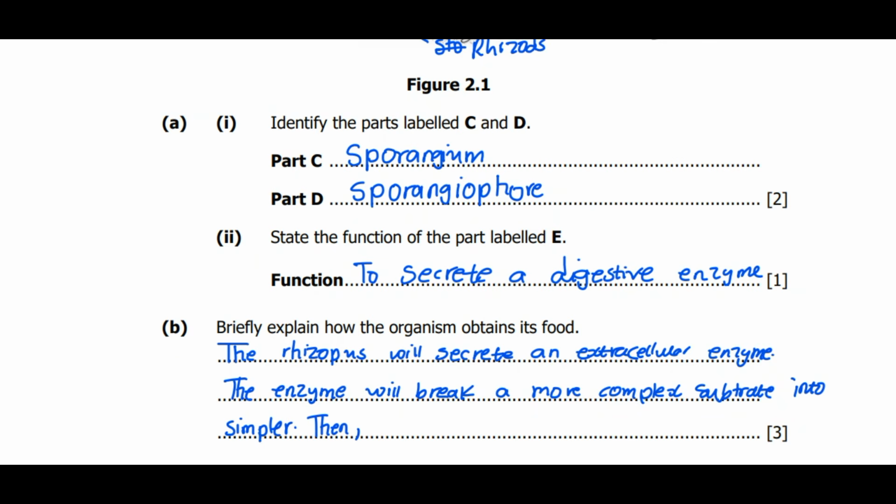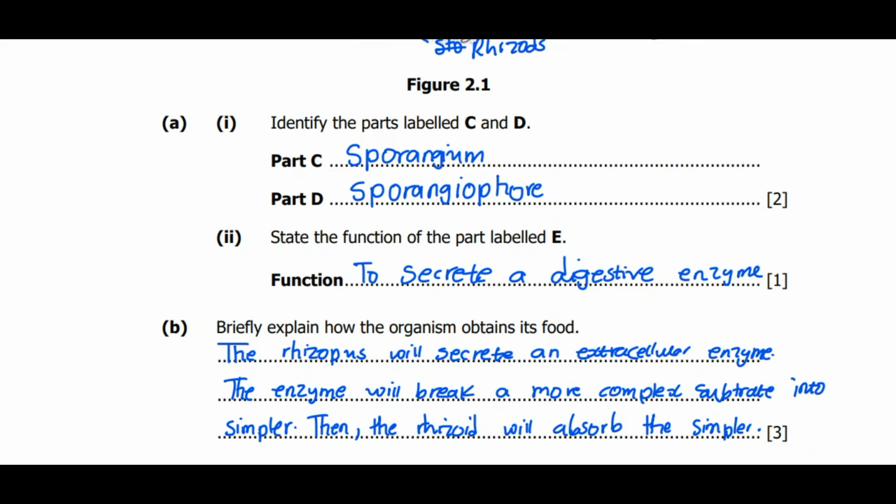Then the rhizoid will absorb the simpler molecules. So this is what we can say.